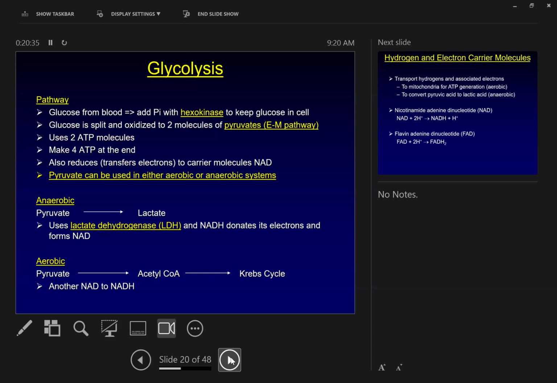When we go to acetyl, we've lost a carbon, which gets made into carbon dioxide, which is why you breathe out carbon dioxide. We steal some more electrons in the mitochondria, and then we stick the acetyl group into the Krebs cycle. It spins around and around, and we reduce a whole bunch of NAD to NADH. We grab a bunch of electrons, and then it goes to the electron transport chain, and we make a ton of energy.